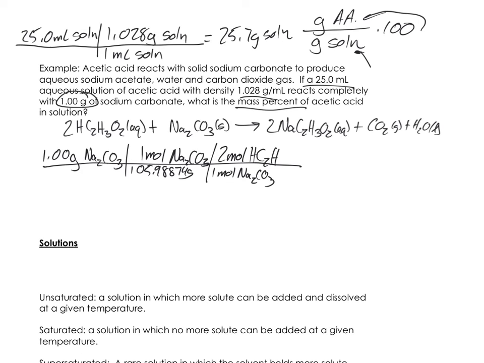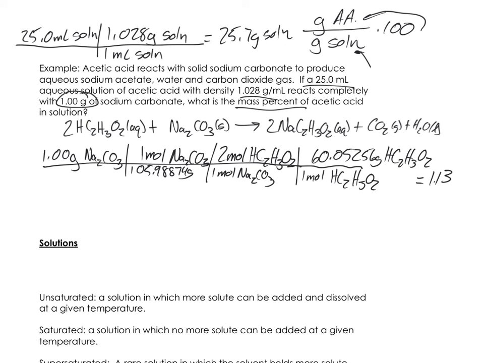Now we're doing a reactant to reactant common core. And then for every 1 mole of acetic acid, you get 60.05256 grams of HC2H3O2. Multiply across the top, divide by the bottom, I get 1.13, we'll take one extra 6 grams of acetic acid.